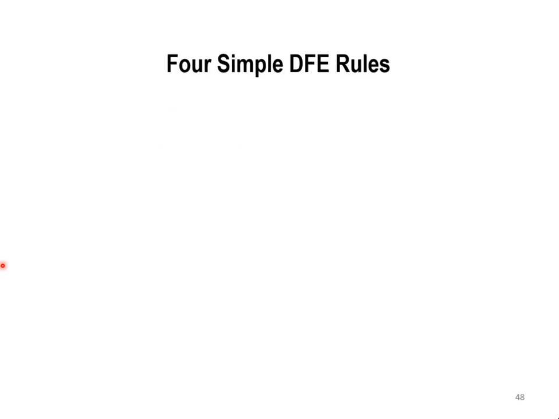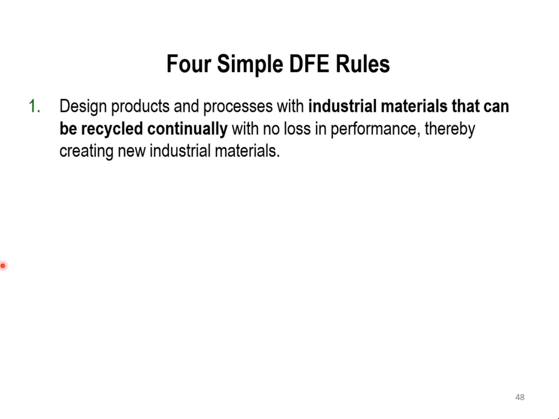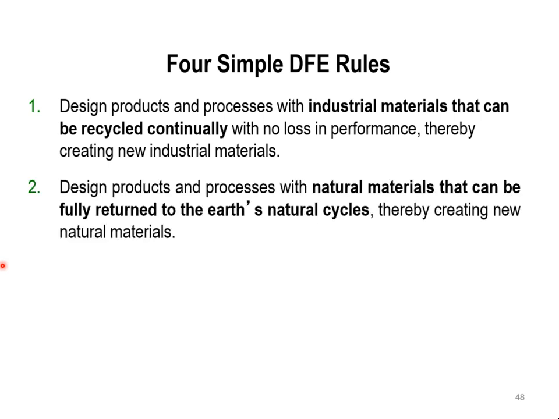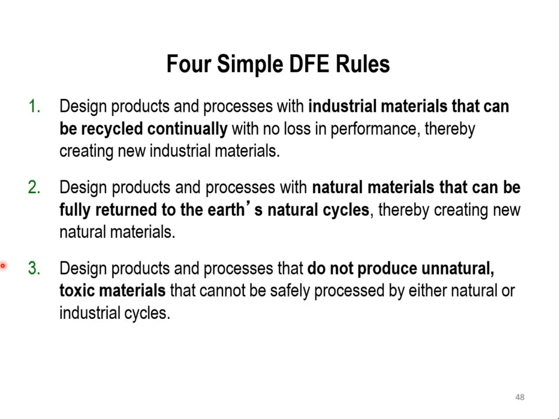The four simple DFE rules are: first, design products and processes with industrial materials that can be recycled continually, with no loss in performance, and thereby creating new industrial materials. Second, design products and processes with natural materials that can be fully returned to the earth's natural cycles and thereby creating new natural materials.